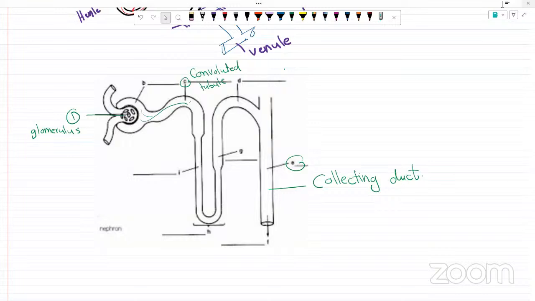Okay, and what about D? Second convoluted, this one is first. Okay, the second one is the second convoluted tubule.